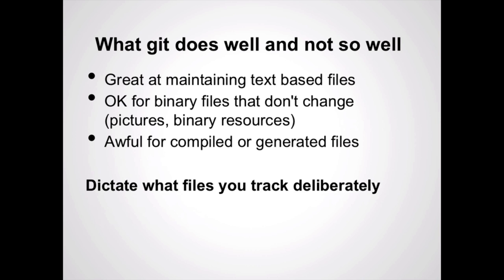What it's not good for is generated files, say class files in Java that change every time you compile the code. That shouldn't be used for Git, nor any generated file.